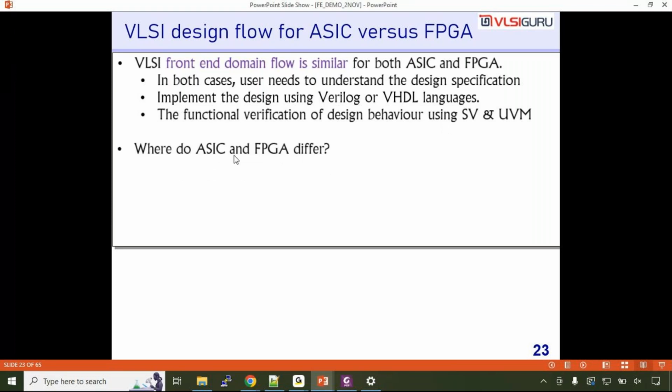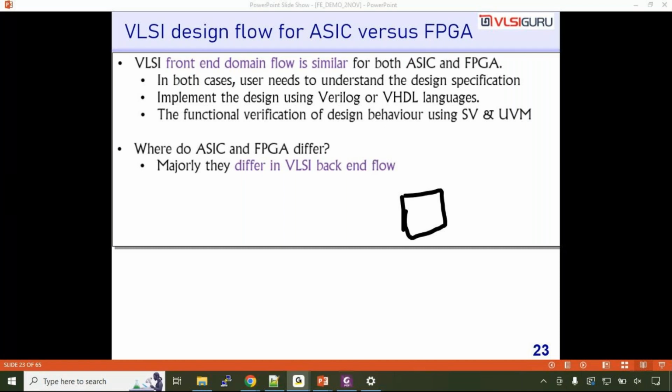Where do ASIC and FPGA differ? Majorly they differ in VLSI backend. That is where the very important difference comes. That's where the ASIC engineer customizes it. He will decide the processor will go here, the display block will go here, the memories will go here.